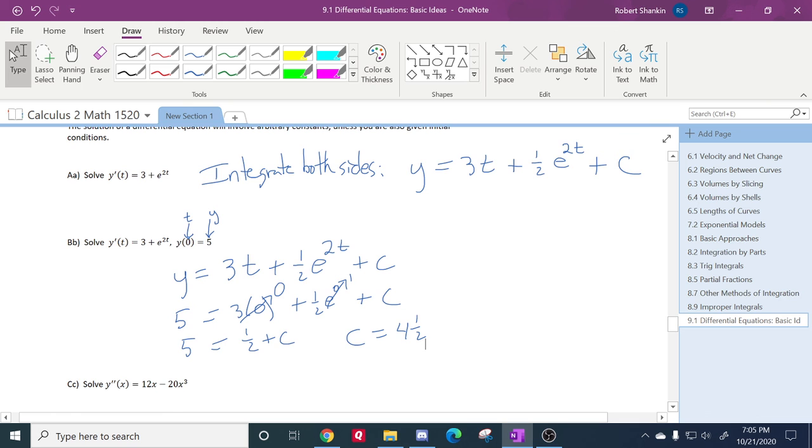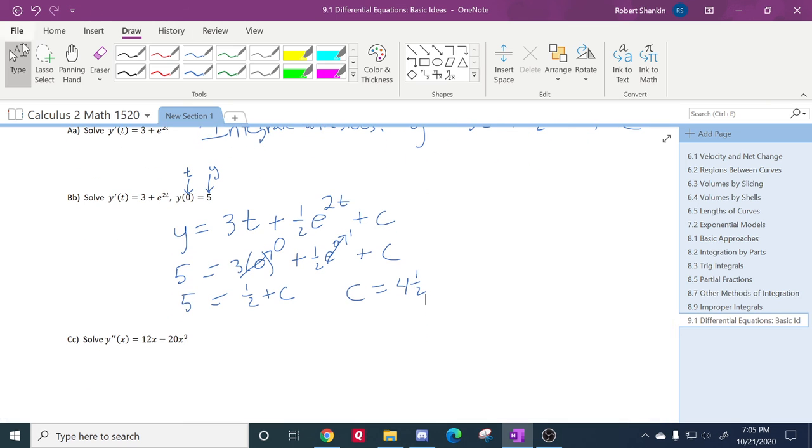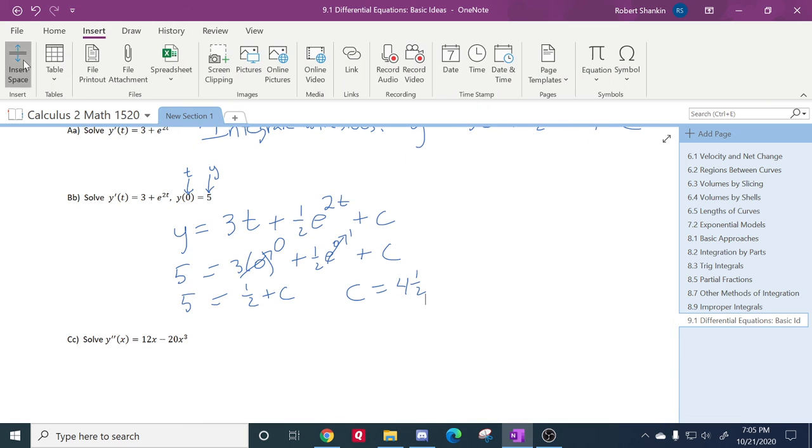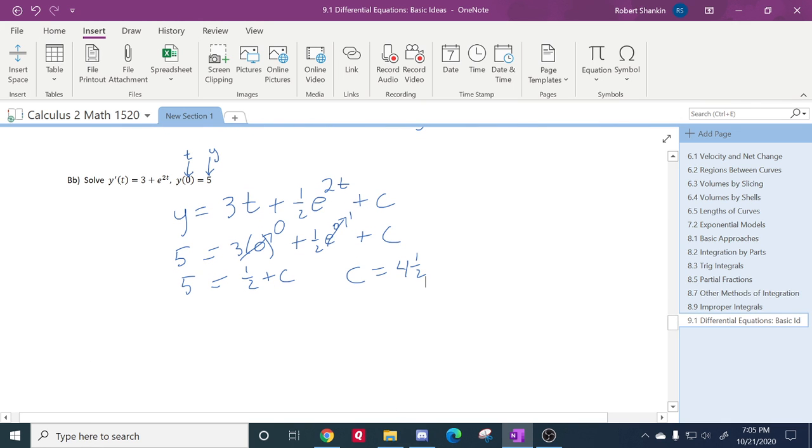So then the total solution, if it's what we call an initial value problem, if it has an initial condition with it, the solution will be this function, and replace the c with 4.5.